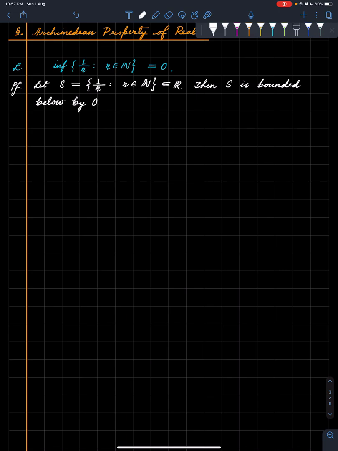Okay, and therefore it has a greatest lower bound, and let A be equal to the greatest lower bound of S, and we want to show that A is equal to 0.